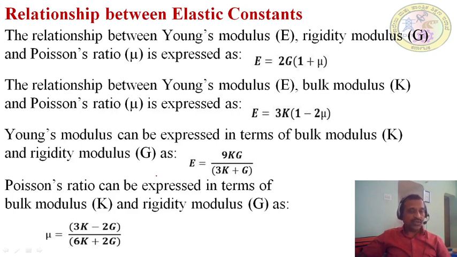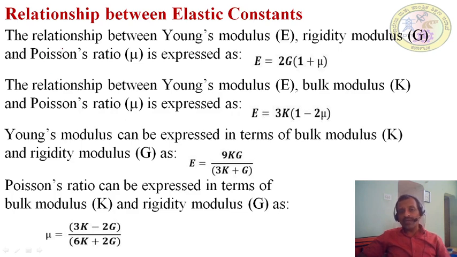The Young's modulus, also called the modulus of elasticity, is the ratio of direct stress to direct strain. Next, the bulk modulus is denoted by K, and it is the ratio of direct stress to volumetric strain. And the modulus of rigidity is G, the ratio of shear stress to shear strain. You have seen the definitions of these three elastic constants in Session 2.